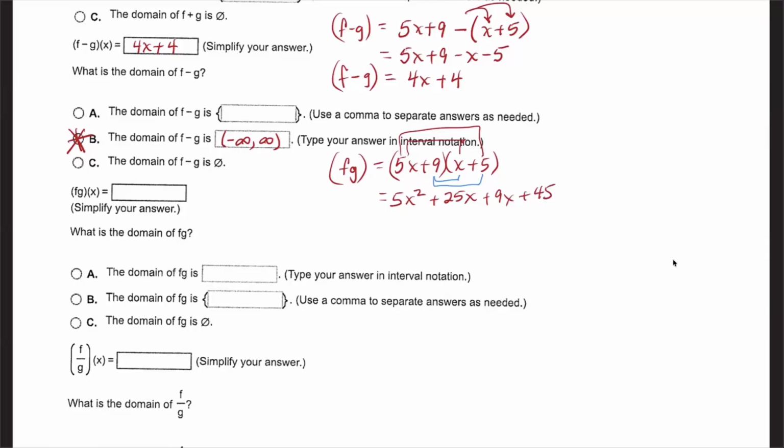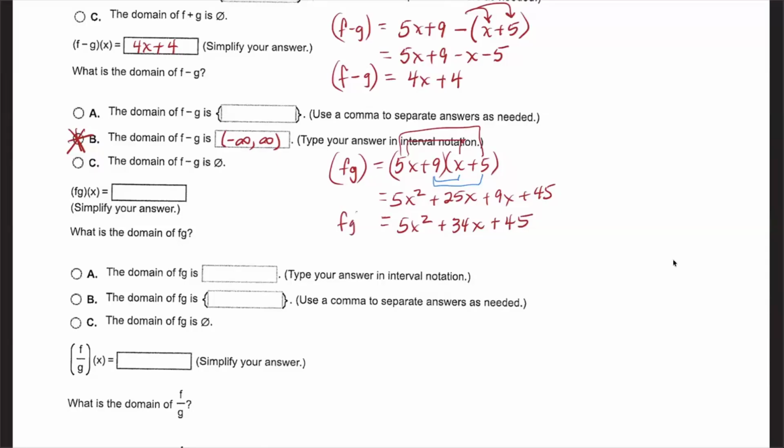And we can combine the like terms. We have 5x squared, 25x plus 9x is 34x, and then plus 45.